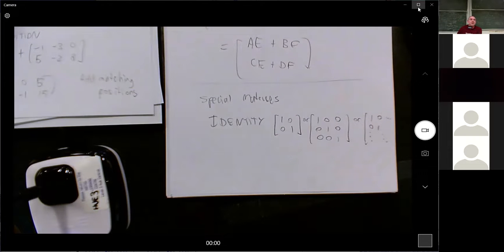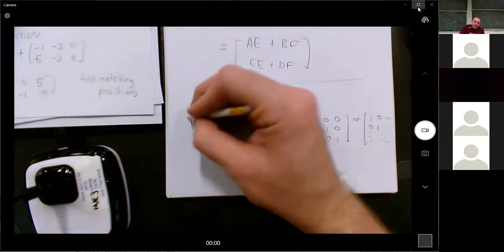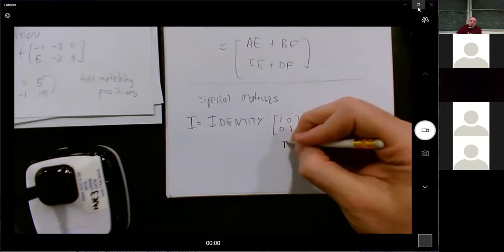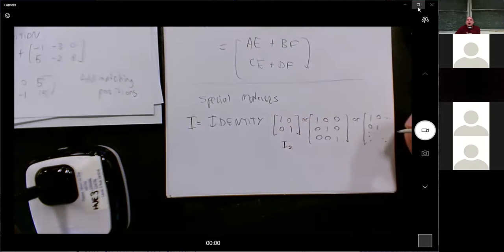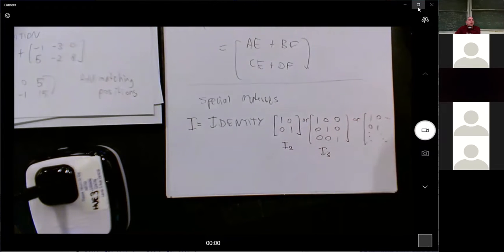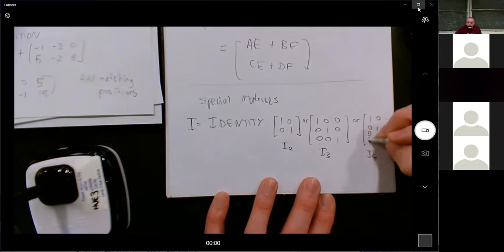They're called identity matrices, and they're all called I. So if you think the person reading your work is going to know how big your identity matrix is supposed to be without you telling them, you can just call it I. Otherwise, you can explicitly say this is the I with 2 entries per row and column, this is the I with 3 entries per row and column, this is the I with 4 entries per row and column, and so on.